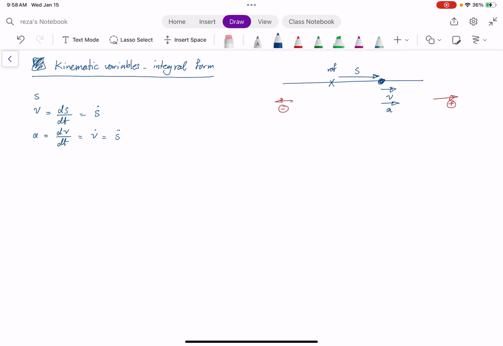We also saw an expression relating positions, velocities, and acceleration to each other without a notion of time in the equation, and that was a ds equals v dv.